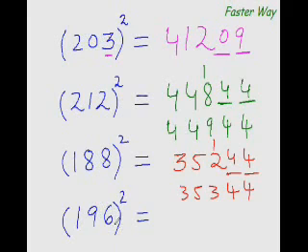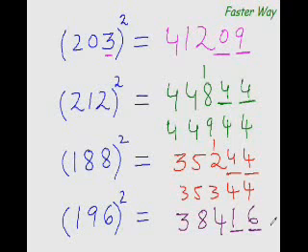So immediately subtract that 4 from 196. It would be 192, and twice of 192 would be 38.4, that is 384. Now two more places to go. So just put the square of 4, that is 16, and that's your answer.